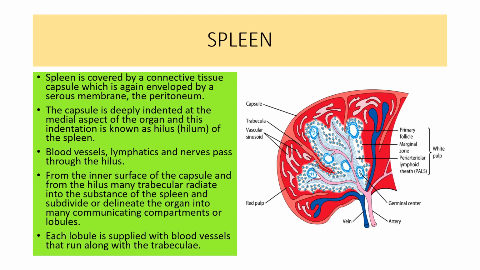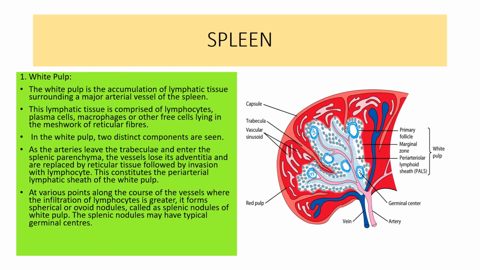From the inner surface of the capsule and from the hilus, many trabeculae radiate into the substance of the spleen and subdivide or delineate the organ into many communicating compartments or lobules. Each lobule is supplied with blood vessels that run along with the trabeculae.